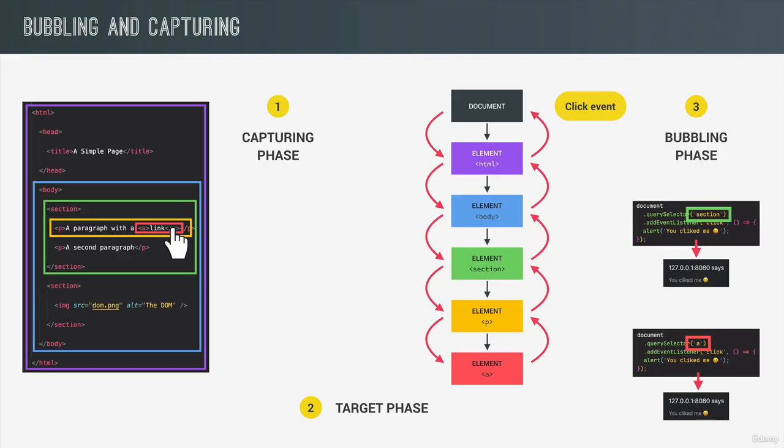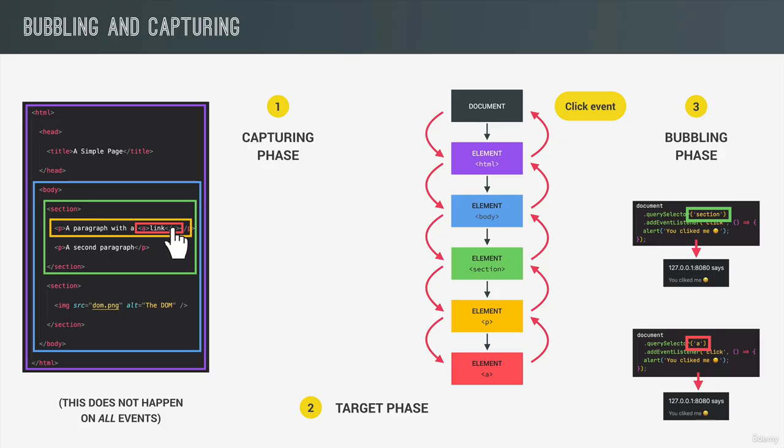Now, by default, events can only be handled in the target and in the bubbling phase. However, we can set up event listeners in a way that they listen to events in the capturing phase instead. Also, actually, not all types of events do have a capturing and bubbling phase.